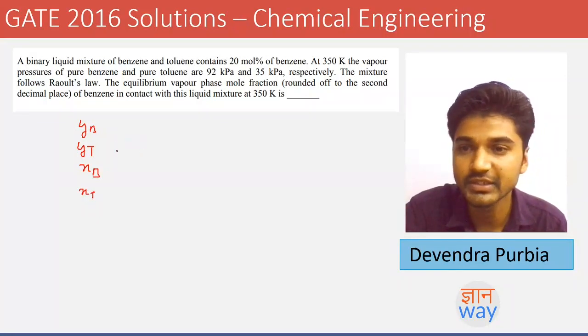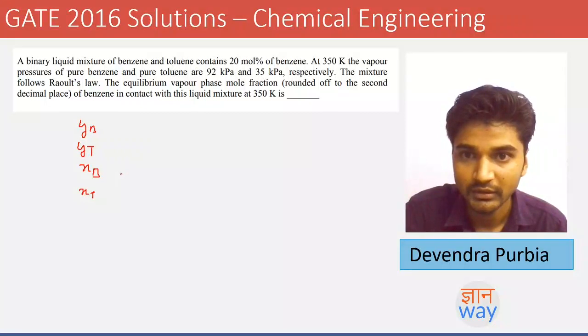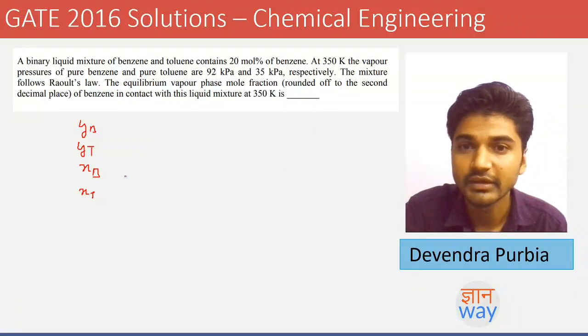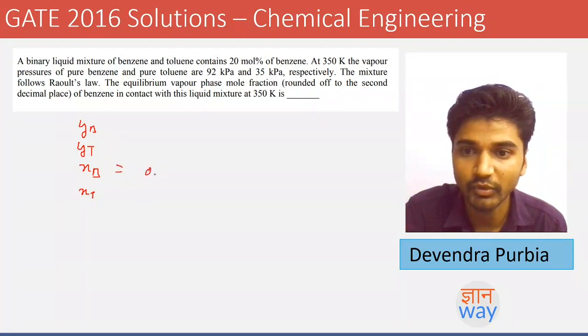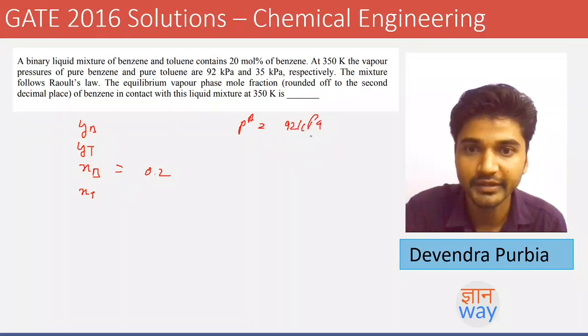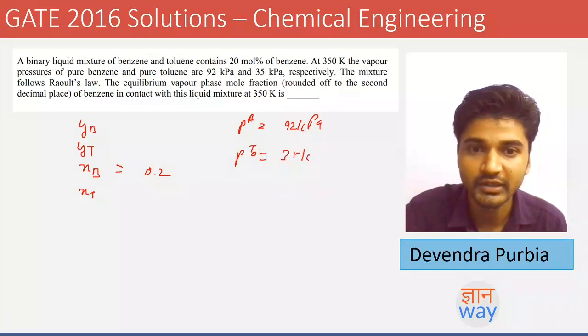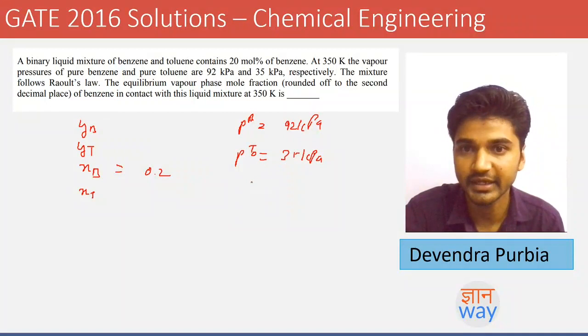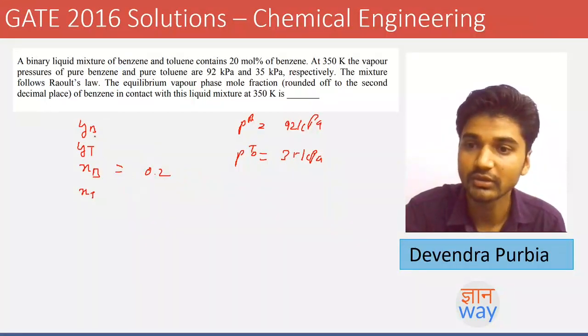The 20 mole percent of benzene is given in the liquid phase, so xb is 0.2, and pb, the vapor pressure of benzene, is 92 kilopascal, and pt, for toluene, is 35 kilopascal.